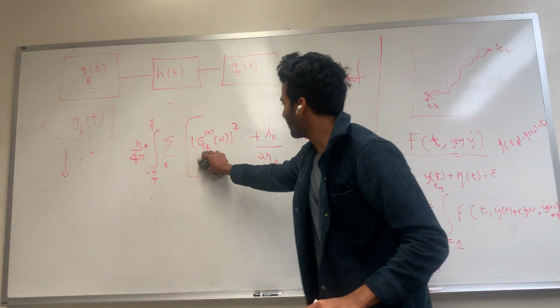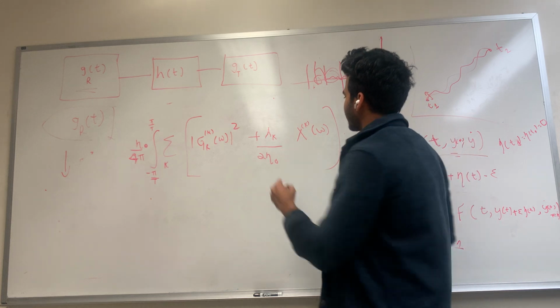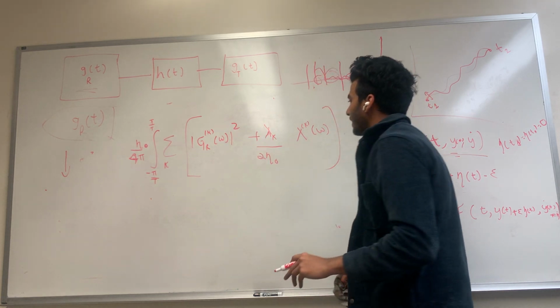So this is what we're minimizing, and these are the constraints, and this is lambda k. So we have K of these.